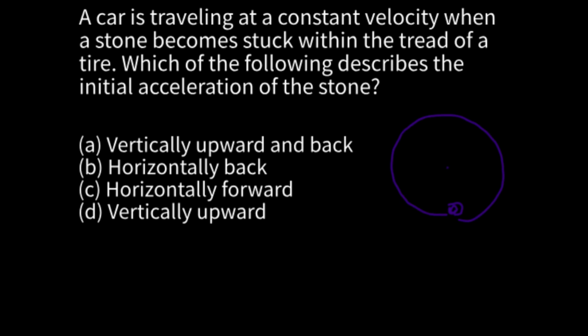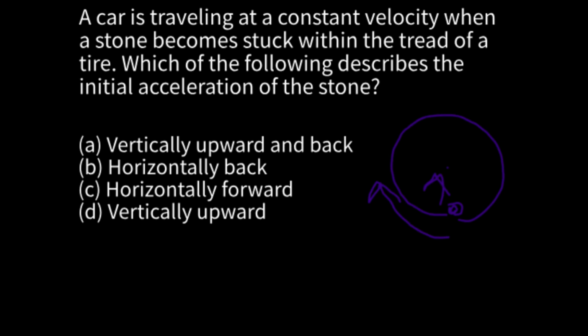You might have a few thoughts here. The stone is initially at rest, becomes stuck within the tread of a tire, so it's obviously going to begin accelerating upwards, but it's also going to start accelerating forward too. Or more backwards, because it's going to travel in this direction with the tire.